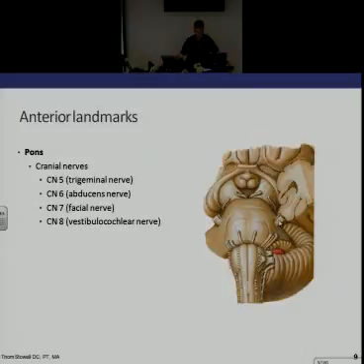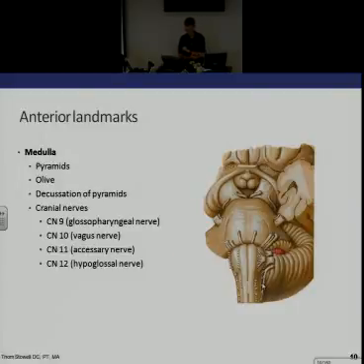And these are simply named in descending order, 5, 6, 7, and 8. I'm certainly not going to quiz you on them. 9, 10, 11, and 12. So it just gives you a visual of each of them as we discuss them.